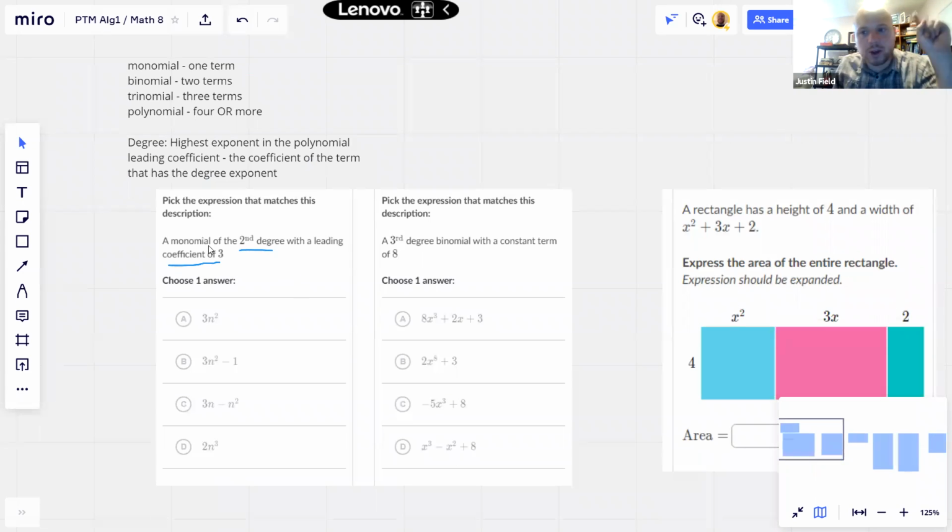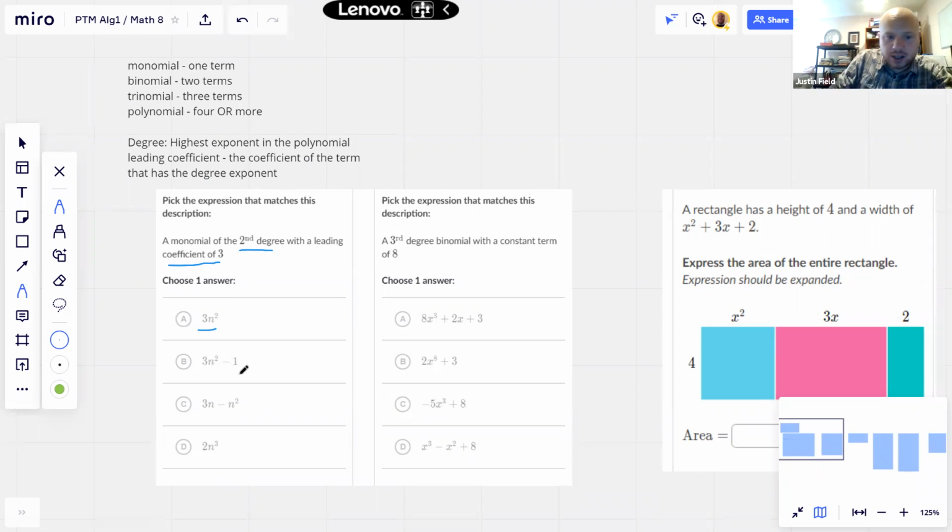So we want a monomial, 1 term, second degree, exponent of 2, and leading coefficient of 3. There it is right there. Why is this not it? Because B, although it has everything, is a binomial. And what about this one? This has a leading coefficient of -1 because the term with the degree is -n squared.